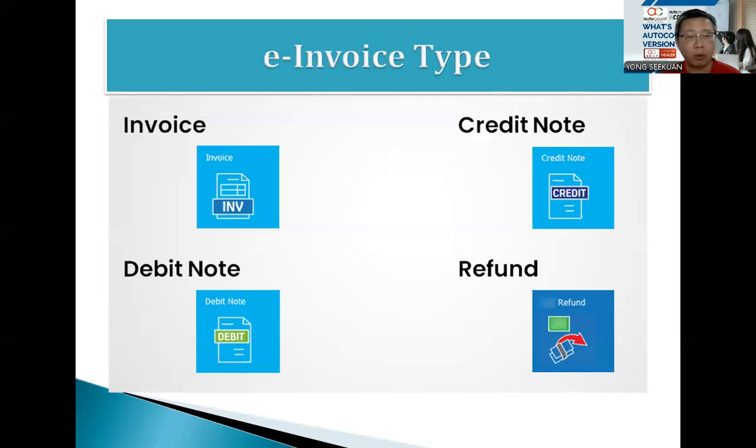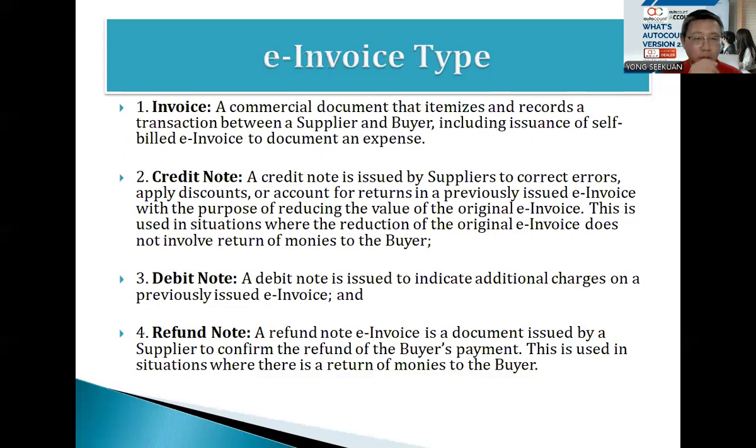Basically we have four types of invoice: invoice, credit note, debit note, and refund note. I believe the invoice, credit note, and debit note are as usual, like what we are issuing now. But the refund note is a little bit special compared with what we currently issue.